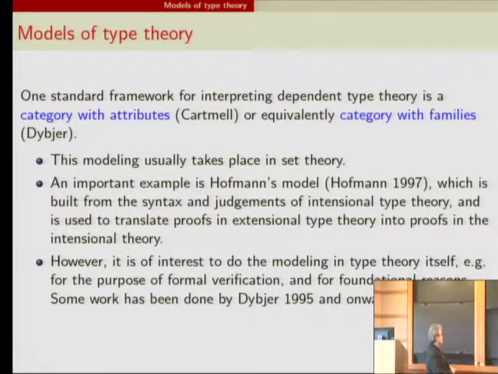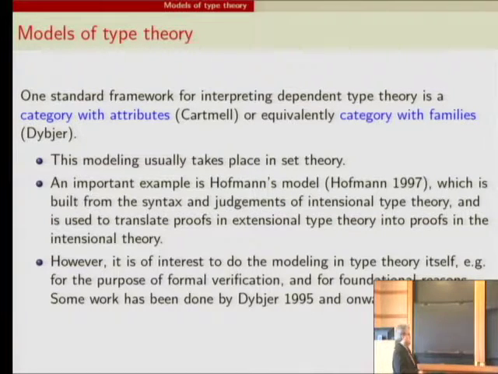Regarding the modeling of type theory inside itself, some work has been done by Peter Dybjer, for instance, who formulated a version of categories with families inside type theory, but there are quite difficult coherence problems to be solved.